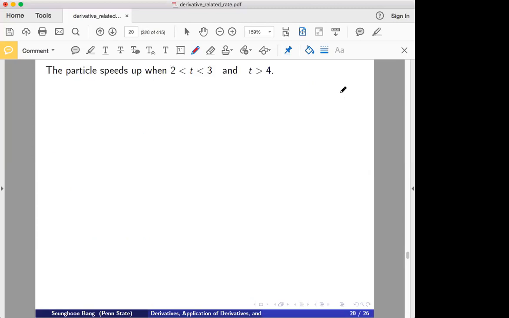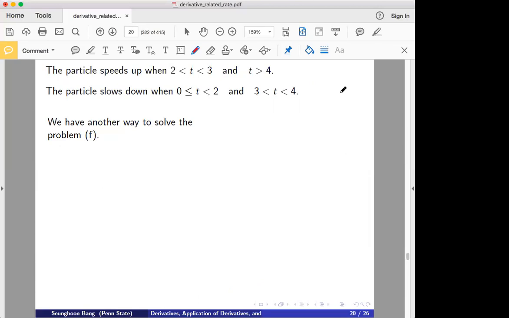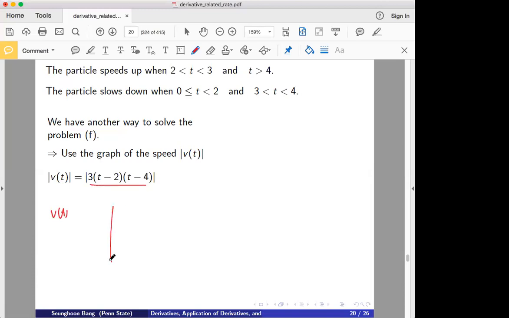Another method is to use the graph of speed, the absolute value of v of t. What's the v of t? This one. You can just sketch the graph. The graph crosses at 2 and 4.